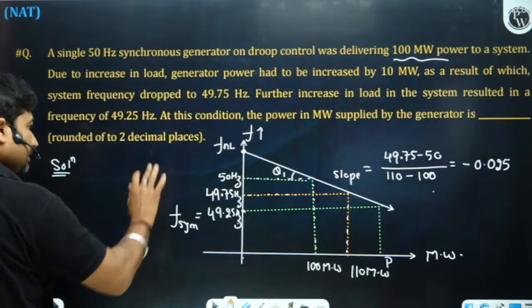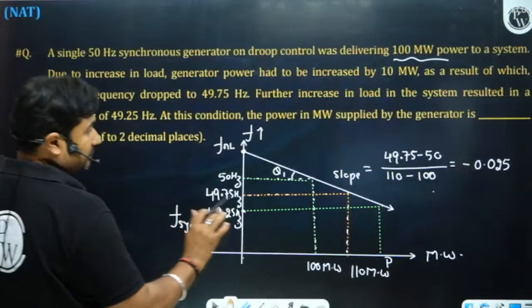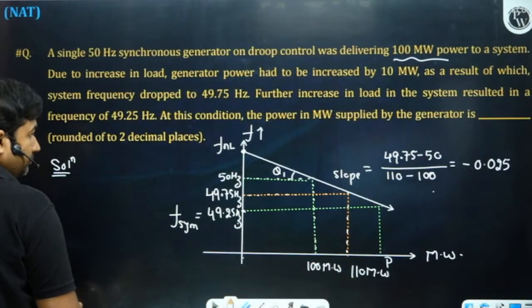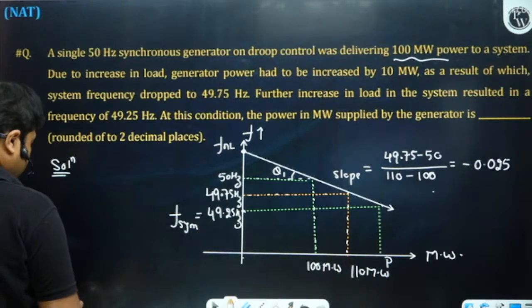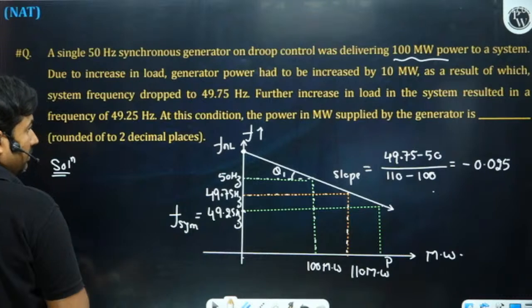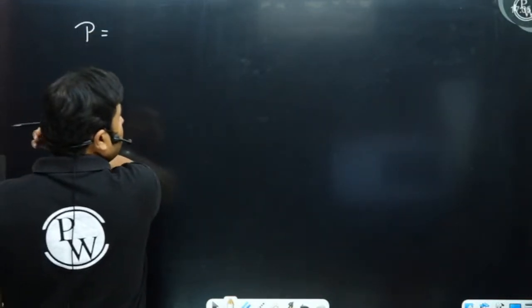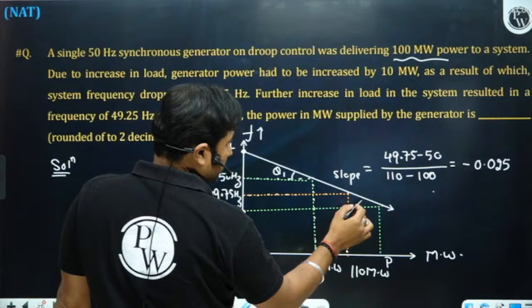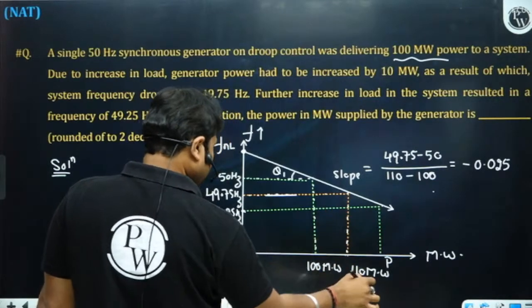So for the same slope, please observe, you can write Y2 minus Y1 upon X2 minus X1.